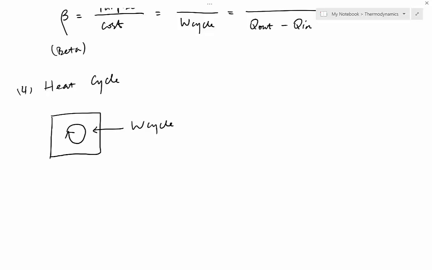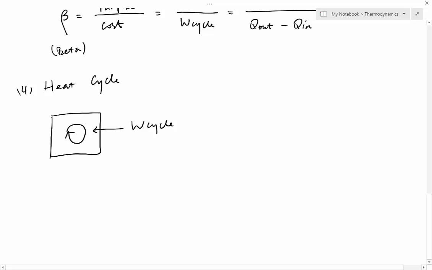Okay, how does your house keep warm in wintertime? You provide electricity, and then what's going to happen is the central AC will grab heat from the cold outside and then release this heat into the warm inside of your house.